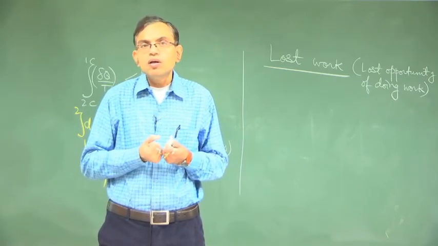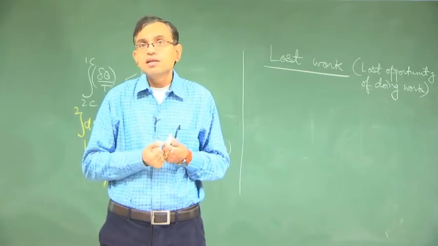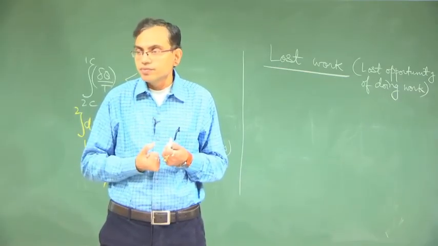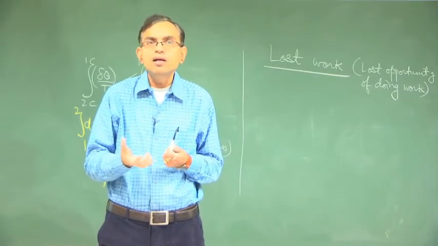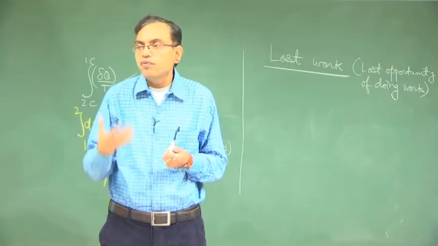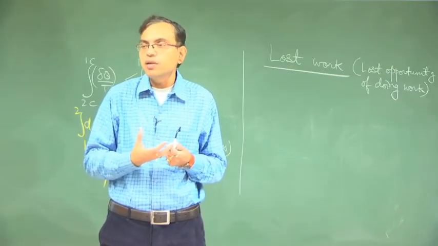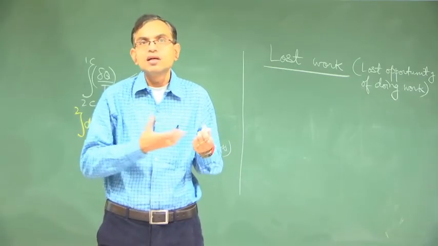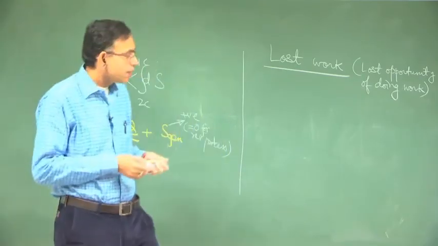Now, if the process is reversible, that work derived is maximum. If it is irreversible, a part of the potential of deriving work out of the change in thermodynamic state is lost or destroyed. We will prove how it happens.